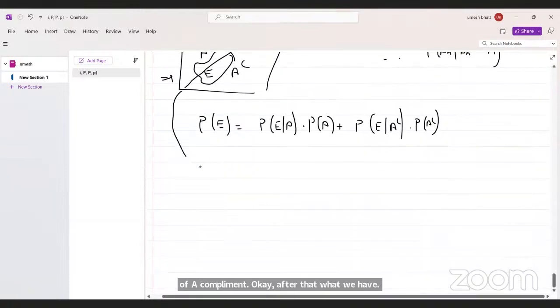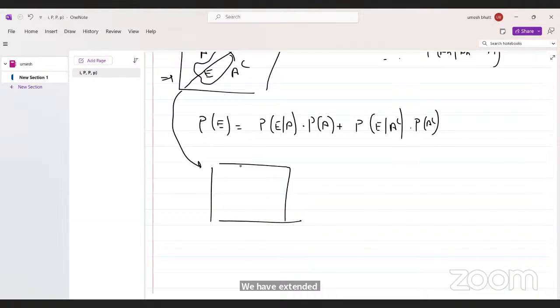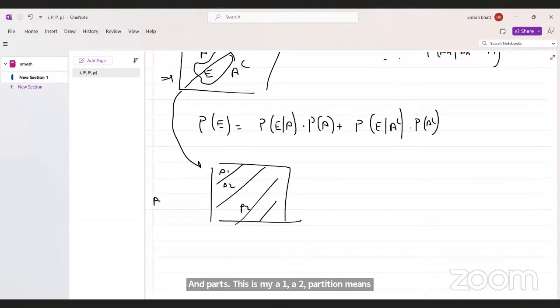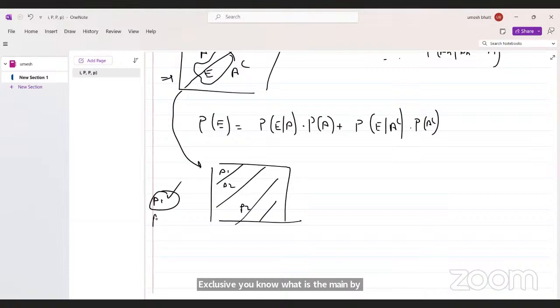After that, what we have? We have the extended, generalized law of total probability, which is what? If I have a space and I partition it into n parts, this is my A1, A2, up to An minus 1, An. Partition means all the Ai are mutually exclusive, you know what mutually exclusive means, and the union of the Ai is S. And if I have any event E, then the event is a subset of the sample space.